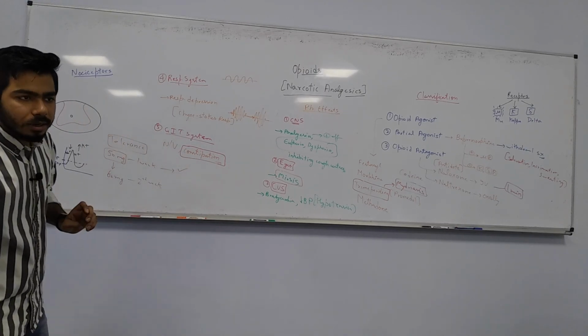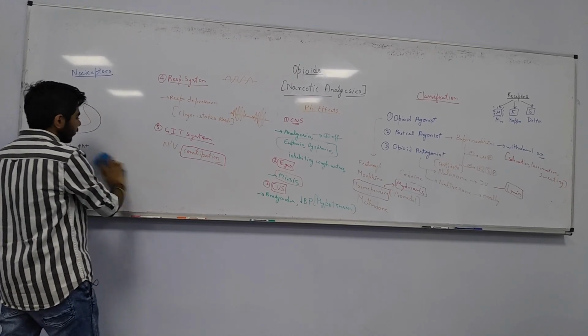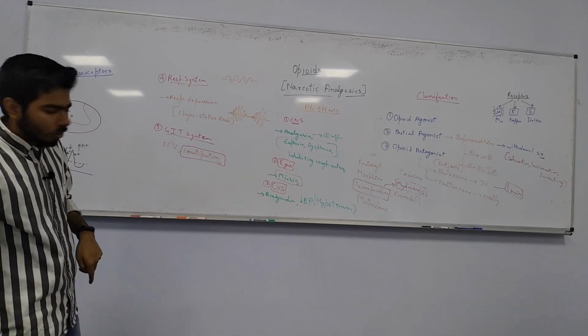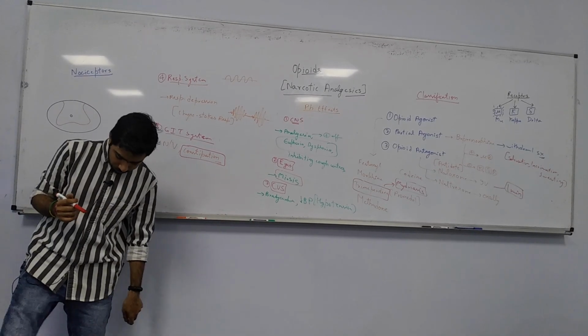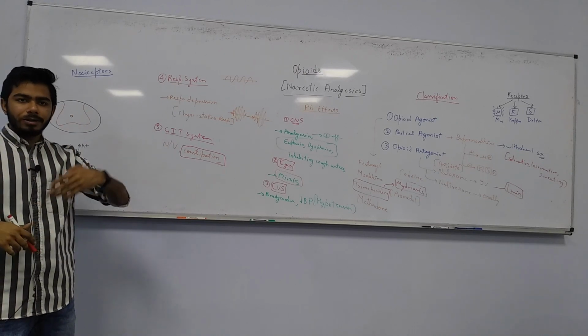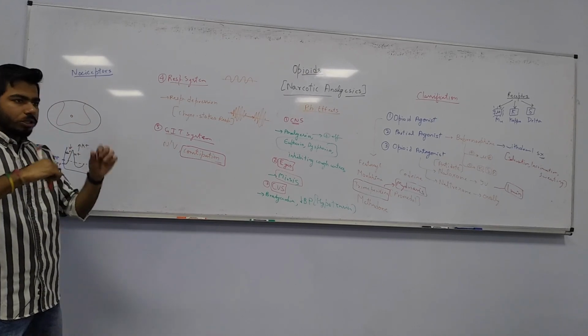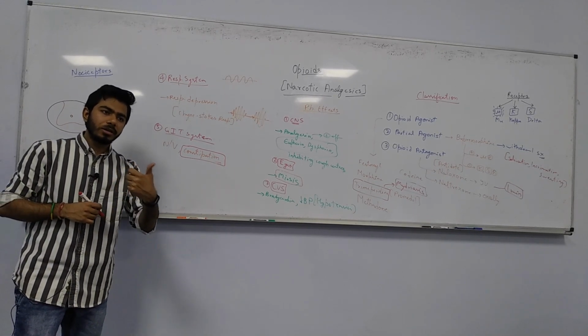Understood about the GIT? Okay, now let's talk about the genitourinary system. What will be happening in the genitourinary system? You have the urinary sphincter in the urinary bladder, and the sphincter should relax for the urination process. Those sphincters are not able to relax, so the patient will suffer from urinary retention.